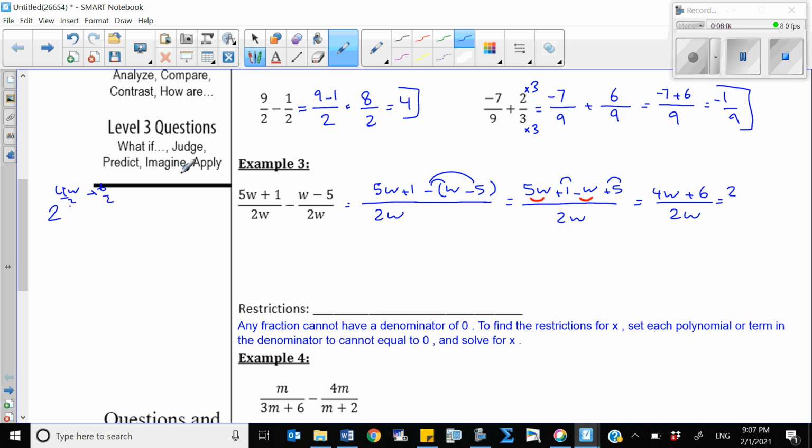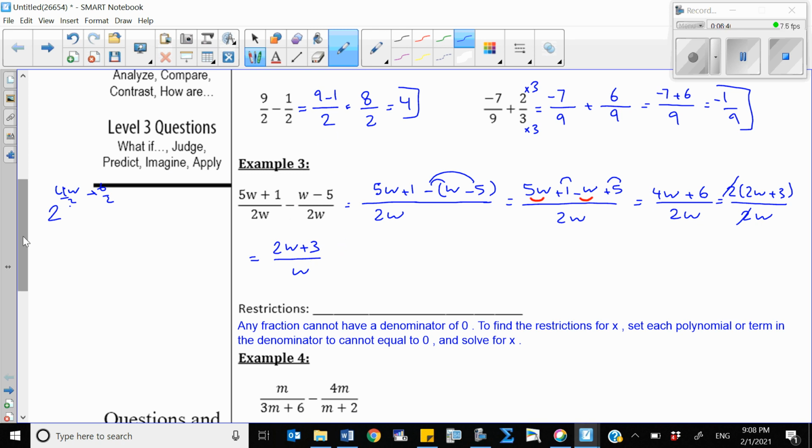So 4 divided by 2 is 2w, and 6 divided by 2 is 3. So we factored the top, and the bottom we had 2w, and we cannot factor this anymore. Now I can simplify the 2 from the top and the bottom, they cancel each other. So it will be 2w plus 3 over w. This is the simplified form of my answer.